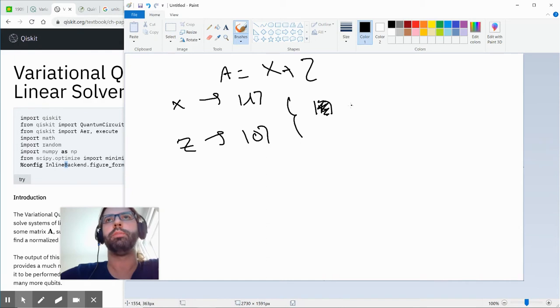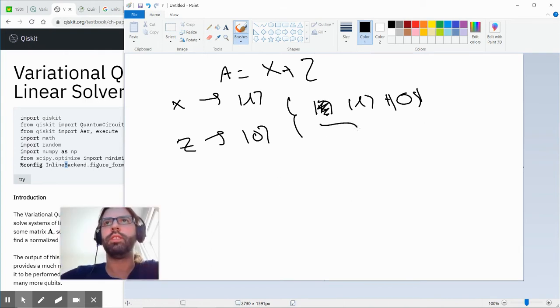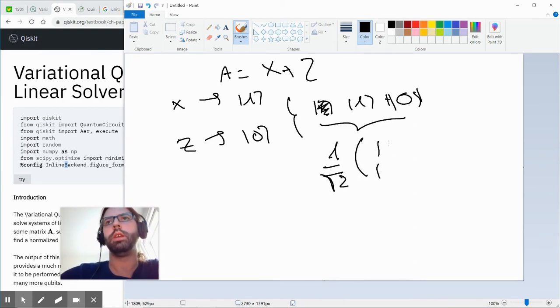So our solution is basically 1 plus 0, right? So this means that our state in here is, if we normalize it, right?